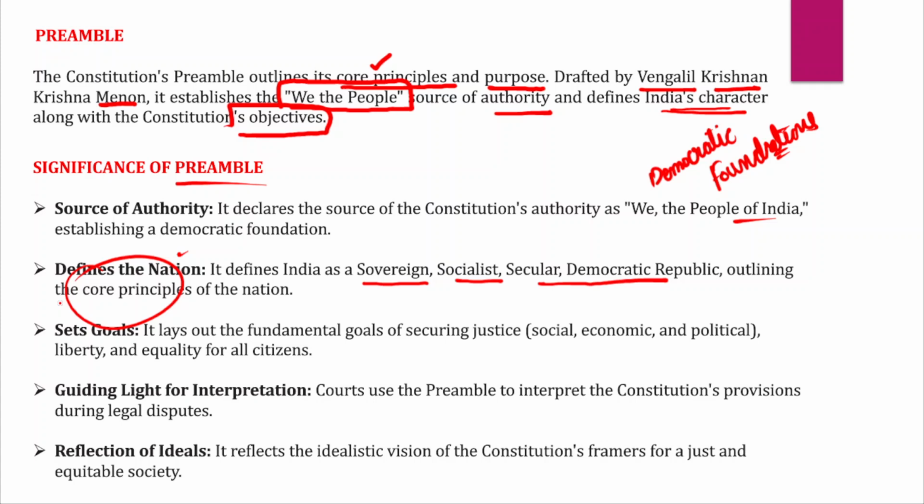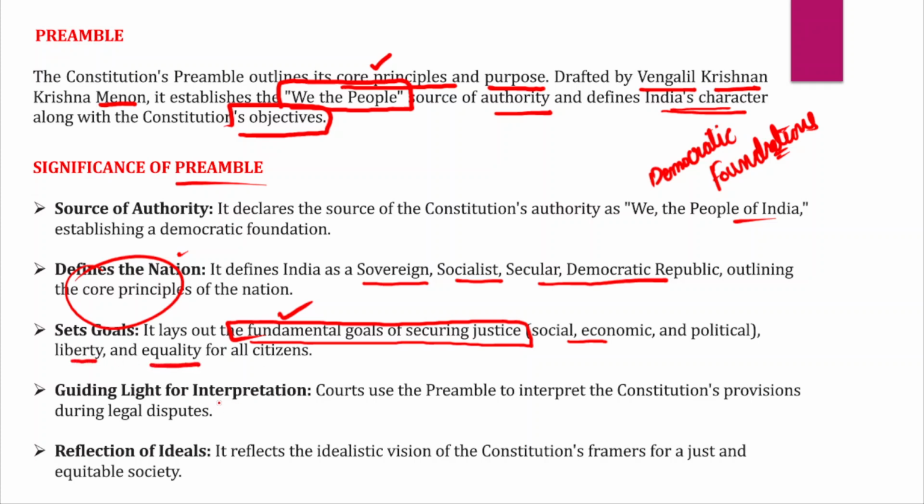And in fact, the preamble also sets some goals as well. So these are considered fundamental goals of securing justice, right? They are fundamental goals through which we could secure social, economic, political justice, such as liberty, equality of all citizens.